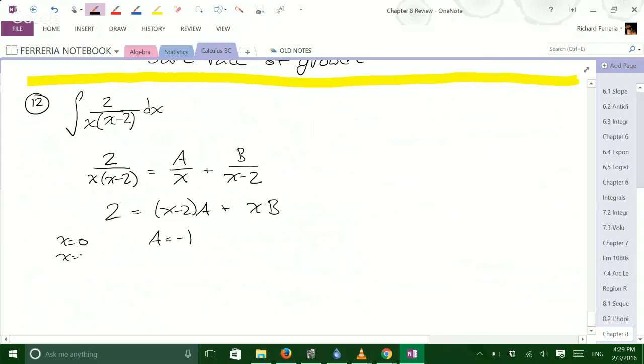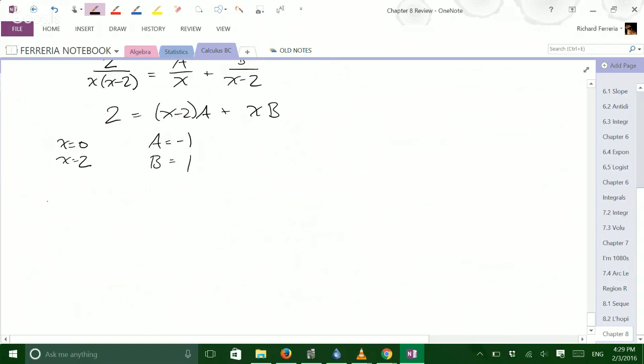If x equals 2, then I get b equals 1. So what does that tell me? That tells me that 2 over x squared minus 2x is going to be equal to 1 over x minus 2 minus 1 over x. Note that I cleverly turned them around.